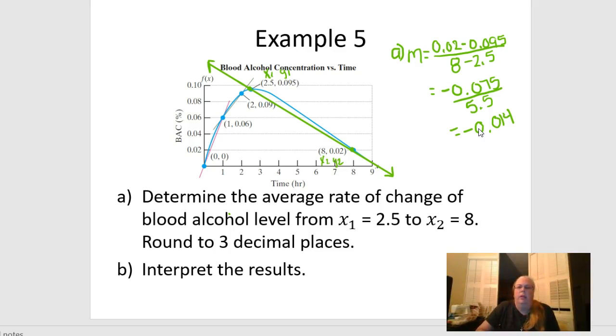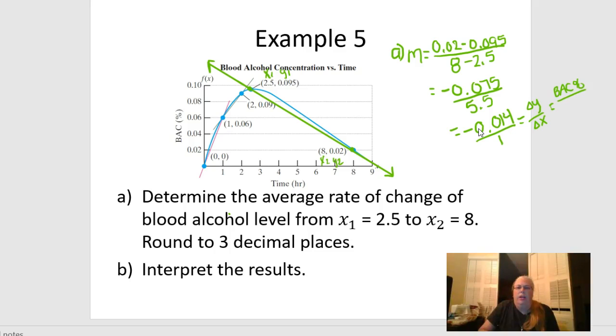Okay, all right, let's keep in mind that this can actually be written as a fraction divided by 1. Okay, and that the slope is actually the change in y divided by the change in x. The units on Y over here, this is our blood alcohol content in percent.